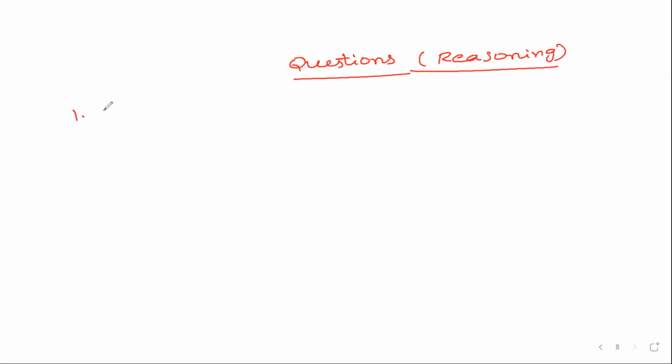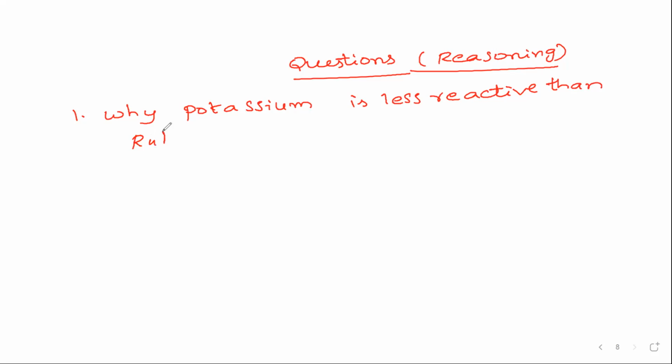First question: why is potassium less reactive than rubidium? Nowadays they are giving even objective based questions in JEE Mains, that is integer answer type questions. So these reasoning type questions are also very important.